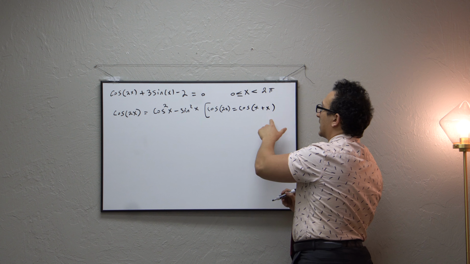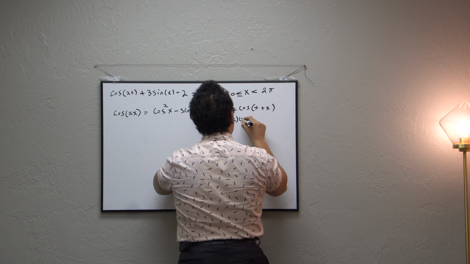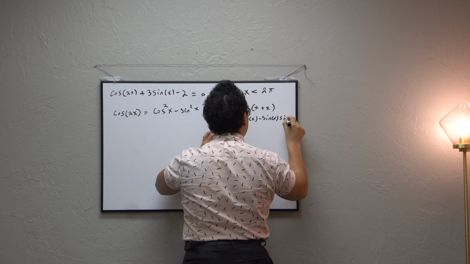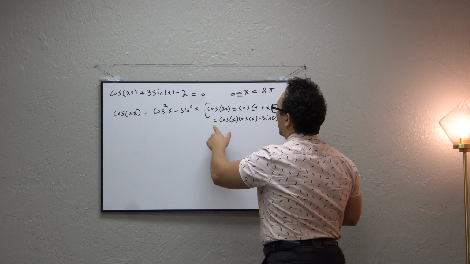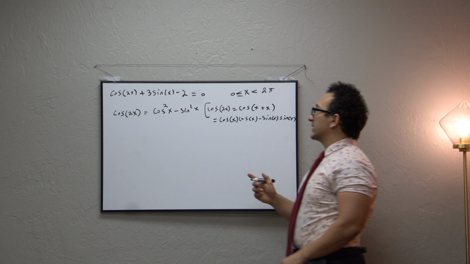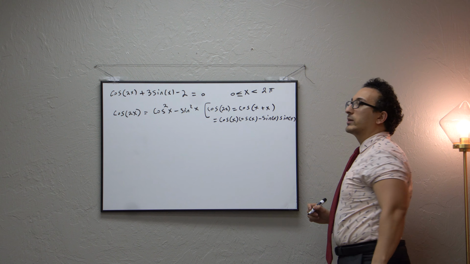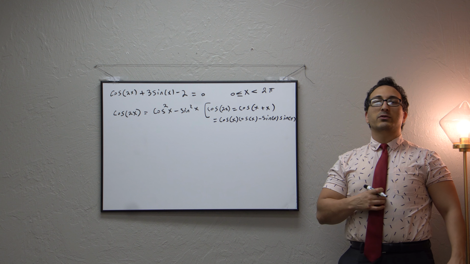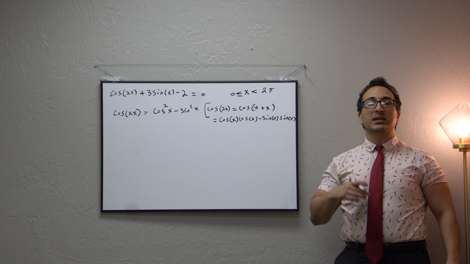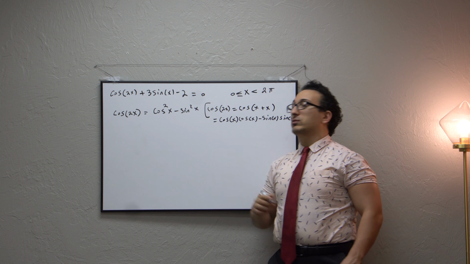And that is the same thing as cosine of x cosine of x minus sine of x sine of x, from the angle addition formula for cosine. Then this reduces to what you have here, cosine squared x minus sine squared x. So whenever you do cosine of alpha plus beta, set alpha equal to x, set beta equal to x, then that pops out and gives you this result.